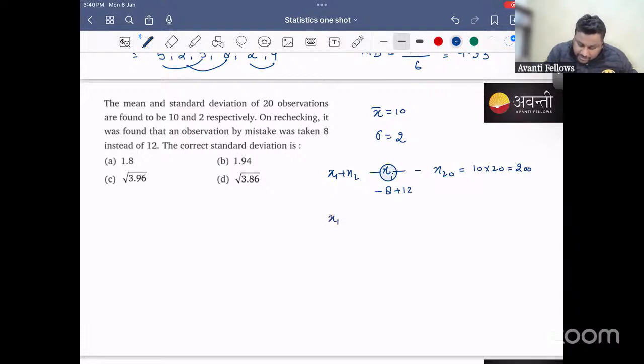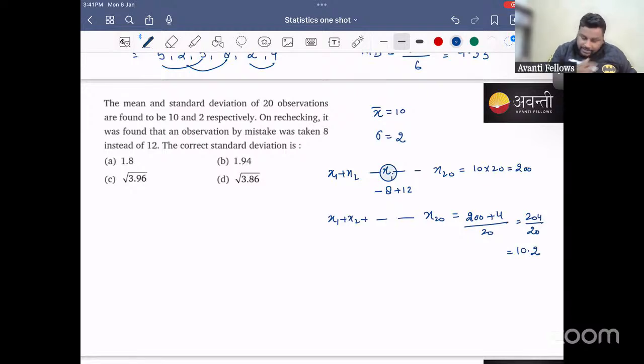So now the sum of all the observations x1 plus x2 up to x20 will be 200, 4 increased, and divided by 20. That is 204 upon 20, that is 10.2.